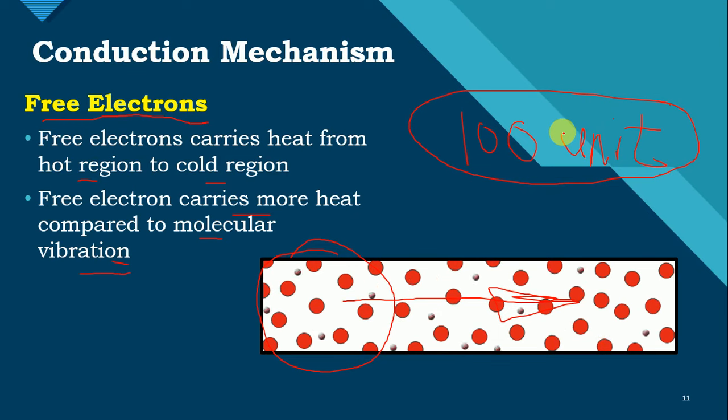If we check how much heat is transferred by molecular vibration, it will be less. For example, it may be 10 units, whereas heat transfer by free electrons may be 90. So you can see that by electrons, heat can be transferred in a very high amount compared to molecular vibration. Remember, if electrons are present, heat can be transferred more. If electrons are not present, then heat transfer is less.